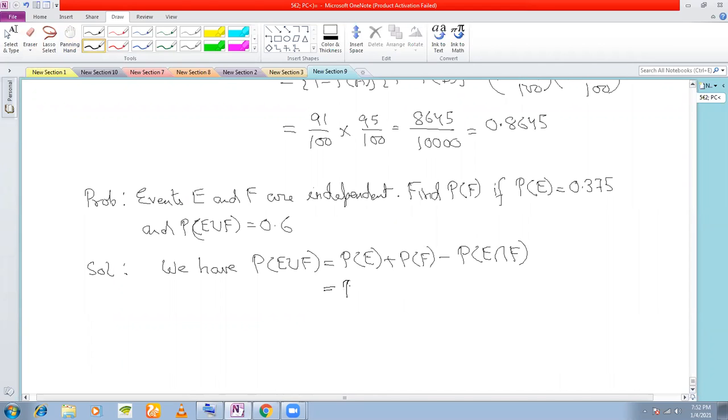So that means P of E union F is equal to PE plus PF minus P of E intersection F. Now it is given that E and F are independent. That means you can write P of E intersection F as PE into PF, since E and F are independent.